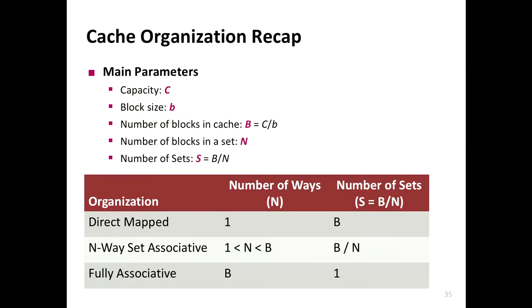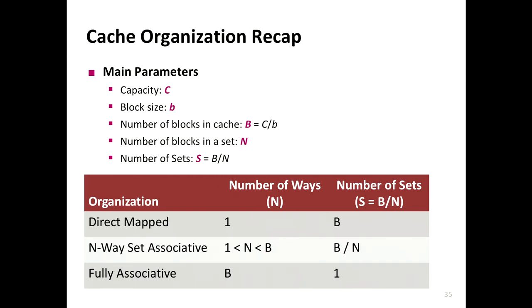So to recap cache organization, we saw direct mapped, where you have only one way in which you can store your data, and the number of sets is equal to the number of blocks, because you have one block per set. Then we looked at n-way set associative cache, where you have more than one place in the same set where you can store the data.